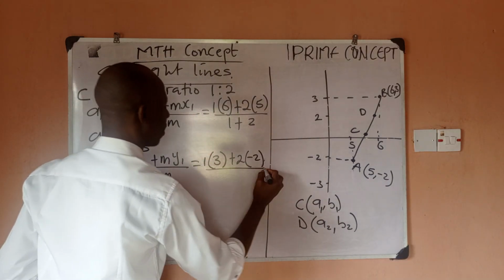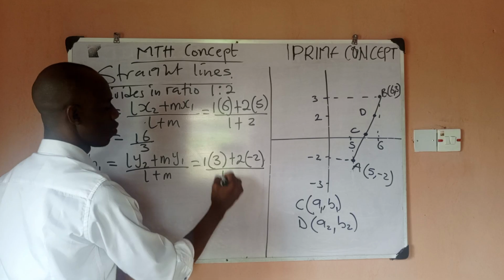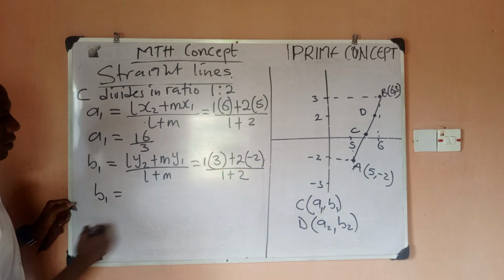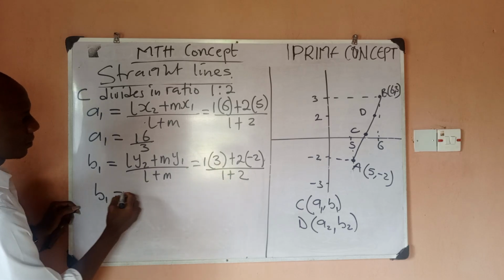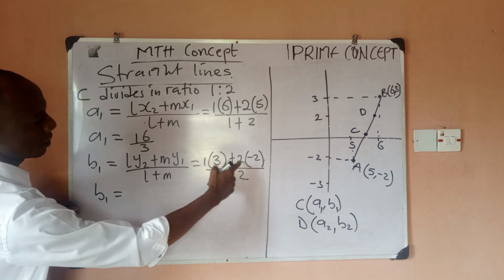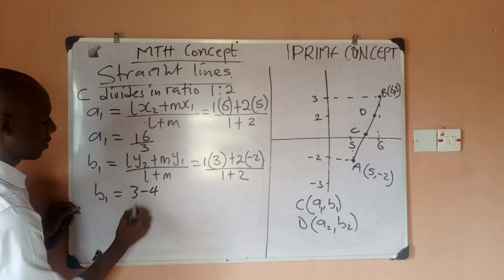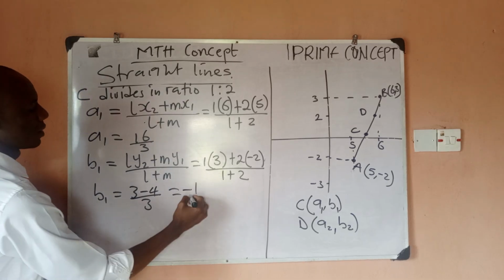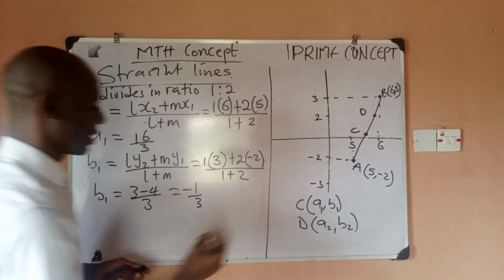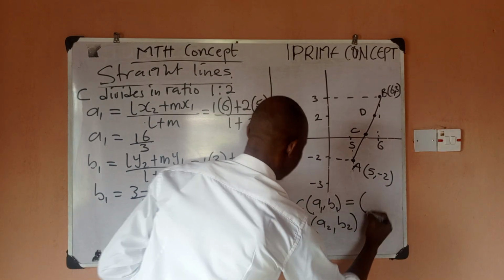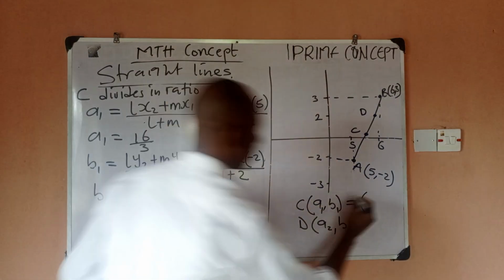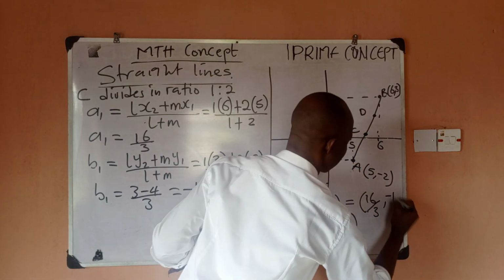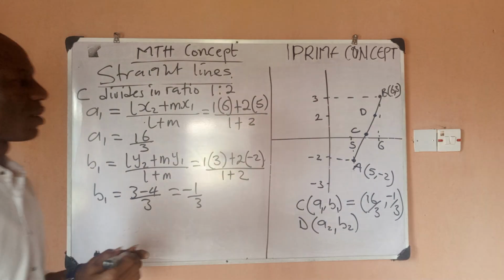All divided by L plus M, which is 1 plus 2. So that my B1 becomes what now? This is 3 minus 4 divided by 3. So 3 minus 4 is minus 1 divided by 3. So that the coordinates for my point C is simply going to be 16 divided by 3, and then minus 1 by 3. So I've gotten the coordinates of point C.